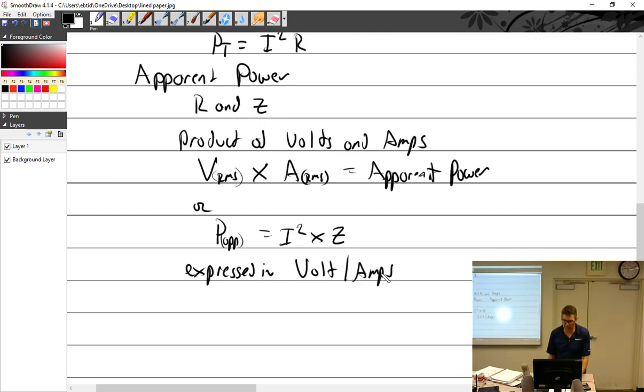I shouldn't put the dash there. It makes it look like I'm dividing. Volt amps.